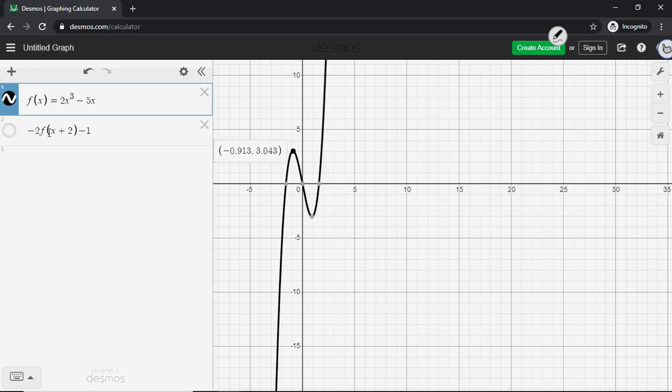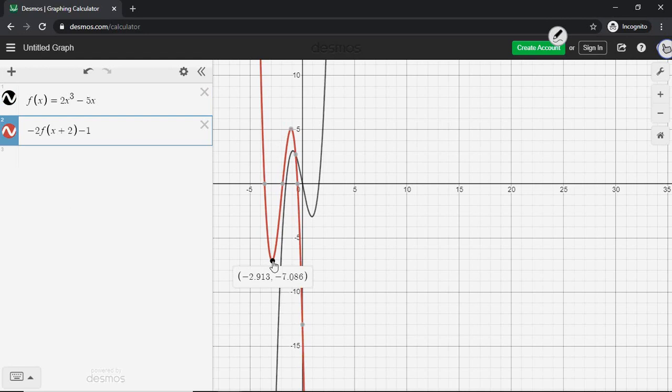But then it's going to be multiplied by 2, so it'll be 2 times as far from the x-axis. So now it's negative 6.086. And then in the last step, I need to subtract 1. So I need to move it down 1 more unit. So it'll be at negative 7.086. And then I can plot that, and then I can check my work.